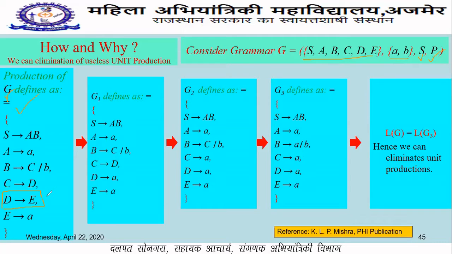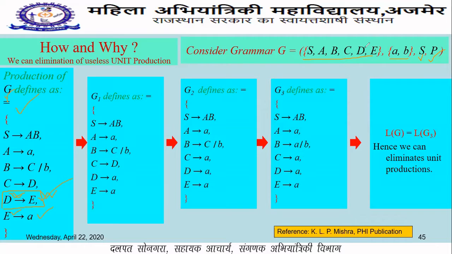In any derivation for a terminal string, whatever E derives is also derived by D, because in the course of derivation, first D is replaced by variable E, and after that E is replaced by small a using this production.